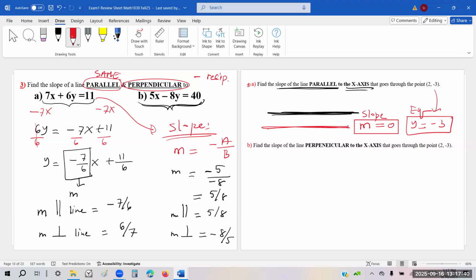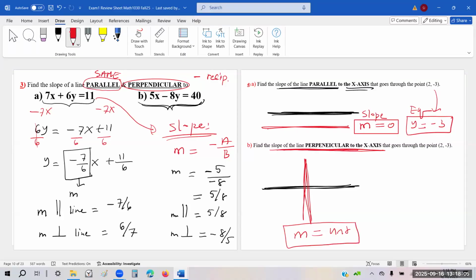The next one says the same thing, but this time find the slope of the line perpendicular to the x-axis. So if this is your x-axis, how are you going to draw the perpendicular line? Vertically. So what's the slope of any vertical line? Undefined. It doesn't exist.